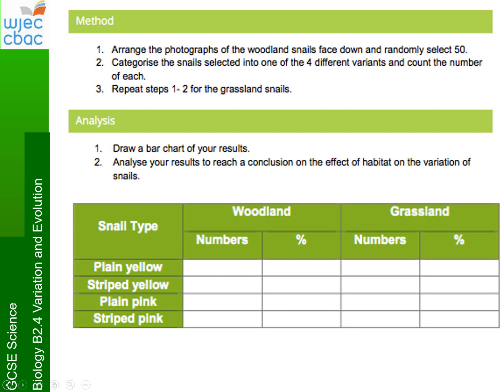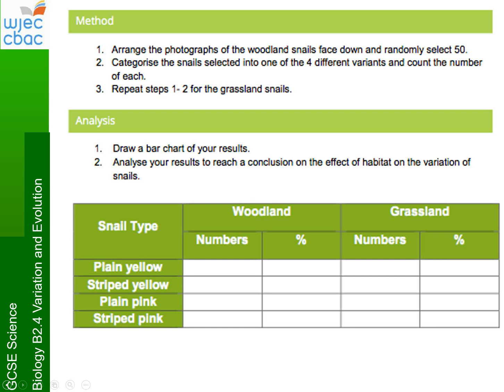You would turn the paper over so that you couldn't see what types of snails there were, and randomly select 50 snails. You're then going to categorise the snails selected into one of the 4 different variants and count the number of each. You repeat steps 1 to 2 for the grassland snails as well.